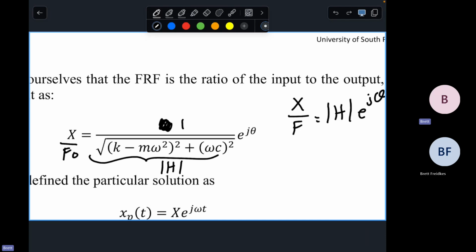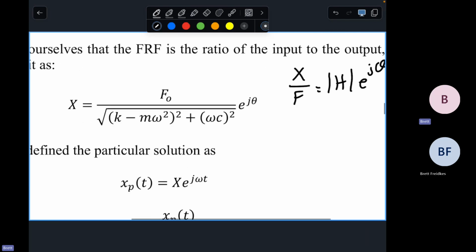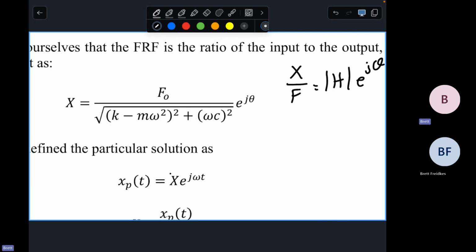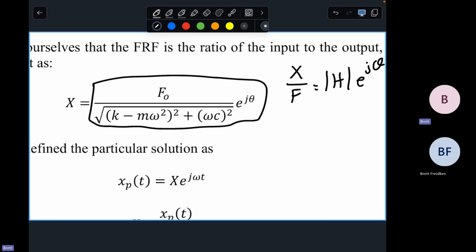Then once I have this, because remember I found theta, I have all the variables I need, I can say what x is. X is equal to this thing multiplied by f naught. That's what I just had here. That is the amplitude. Based on our original definition of x of p, the particular solution, we have x times e to the j omega t, where this whole thing is x.